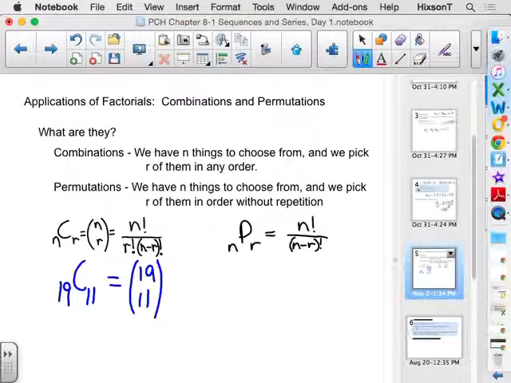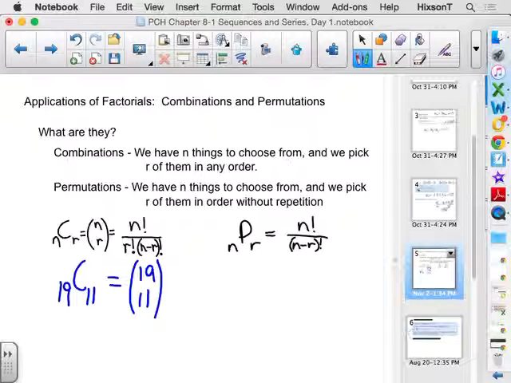Now, let's say that instead of just picking a team, the first person I picked was going to be the goalie, the second person I picked was going to be the left striker, the third person I picked was going to be the right striker, and so on. Does the order I pick people in matter then?